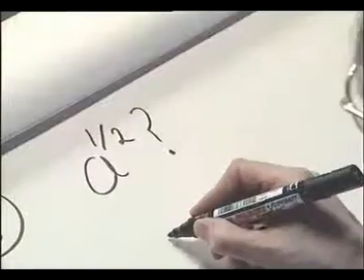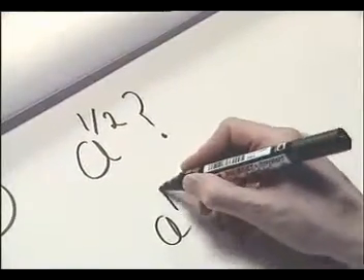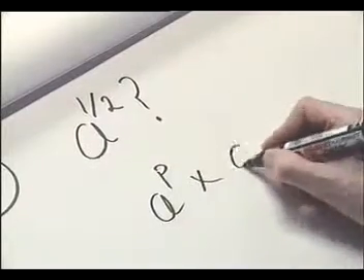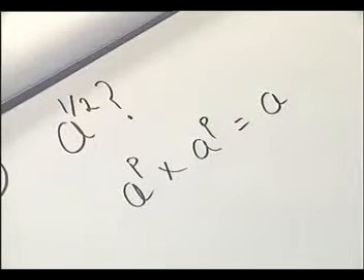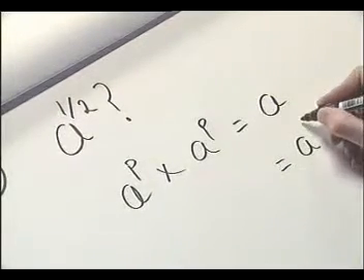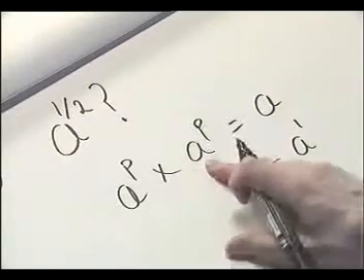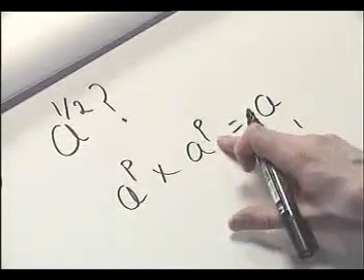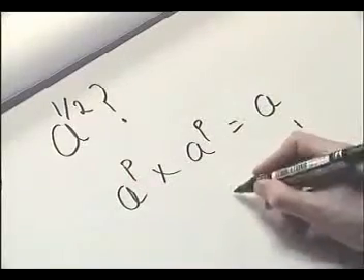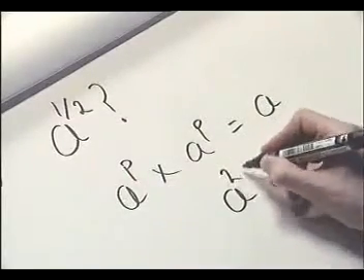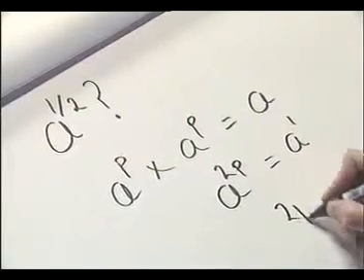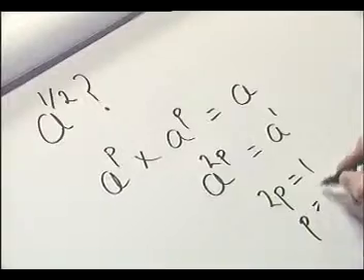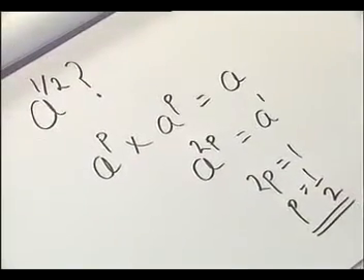Well, supposing we had a to the p and we multiplied it by a to the p, and the answer we got was just a. Just a, that's a to the power 1. And a to the p times a to the p, using our rule, would be a to the 2p. So 2p must be the same as 1. In other words, p is a half.